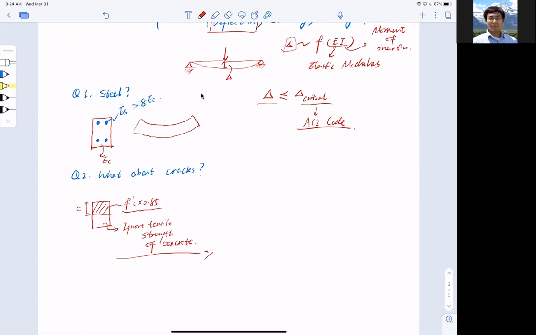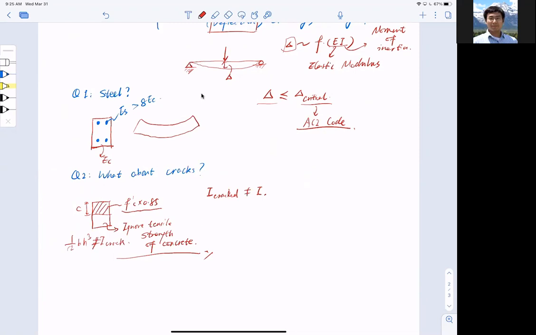So that means the moment of inertia for this cracked concrete section is not the intact moment of inertia. They're different. So you cannot just use 1/12 b h cubed to get the I, and that is not correct.